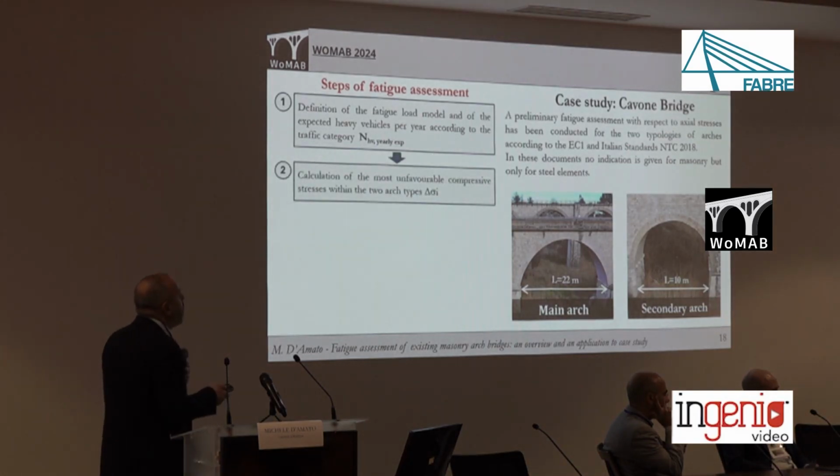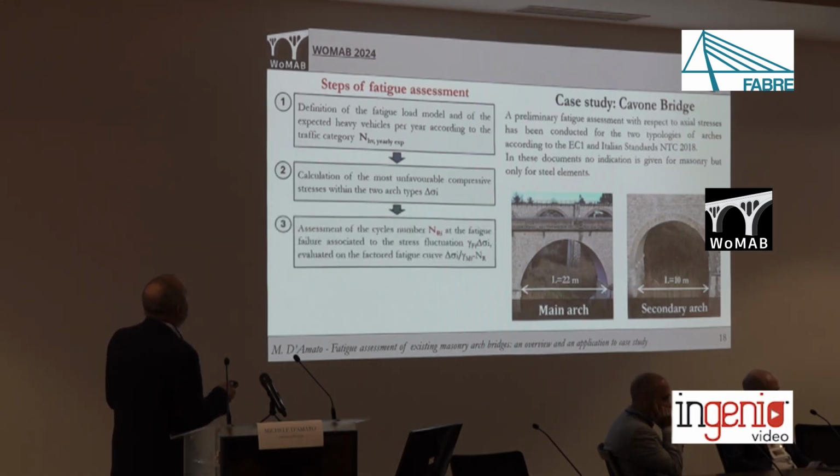Then we have to numerically solve the problem for calculating the most compressive stresses within the two types of arches, with respect to the maximum fluctuation imposed by the fatigue load. And then it's necessary to assess the number of cycles at failure associated to the stress fluctuation, but we should refer to the factorial curve that I will show you later in the next slide.